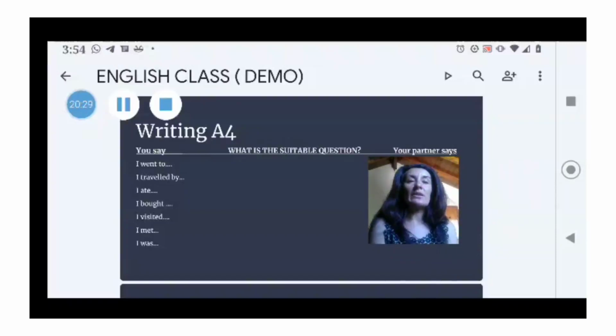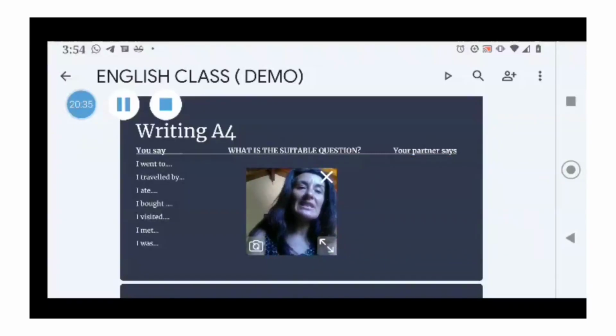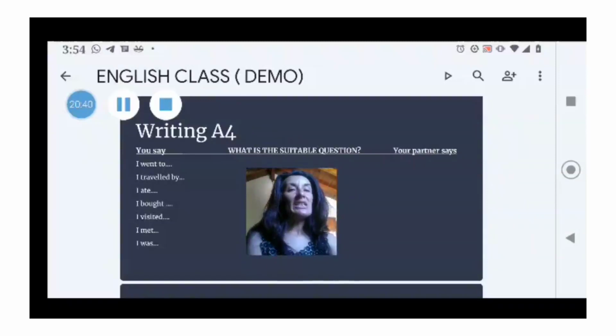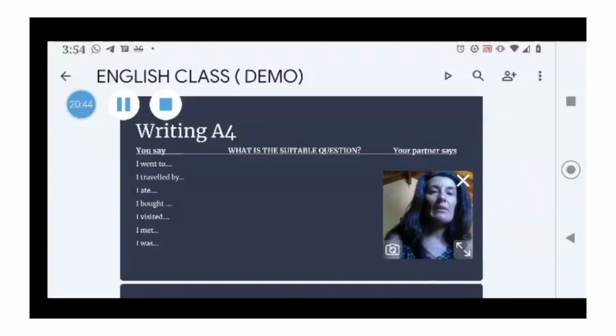We are expecting the students to ask, where did you go? And converting this, your partner will say, where did she go? In every example, as you can see, there are plenty of verbs in the past tense, most of them irregular verbs.